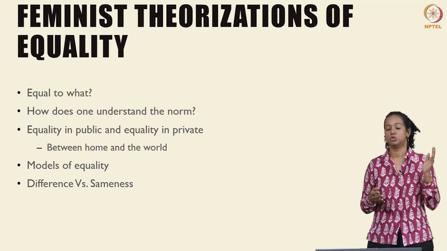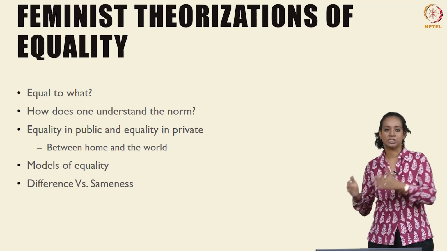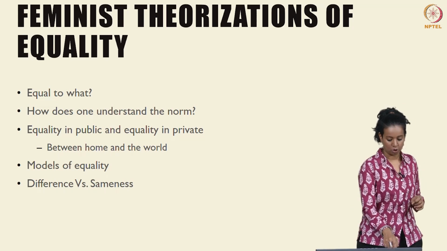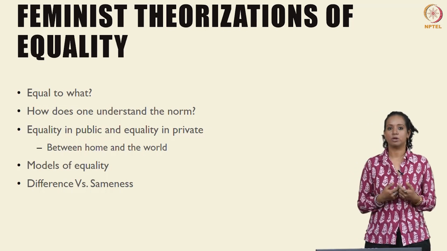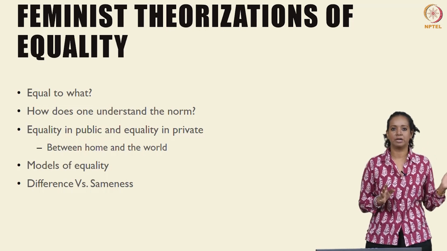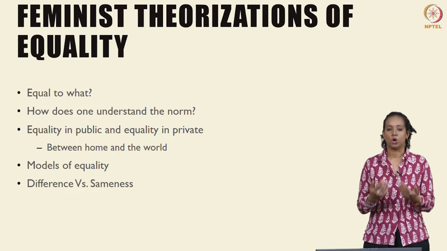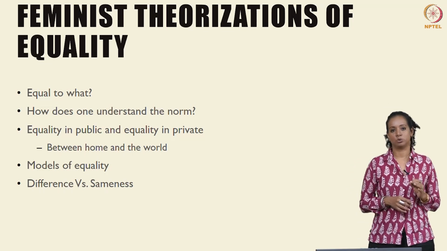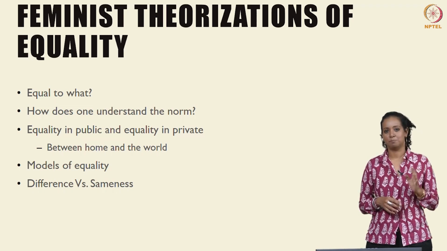Or do assumptions of equality always make the masculine the norm? Therefore, we consider what are called models of equality in the world. And these models are important because they teach us how to think of equality differently depending on the situation, context and consequence.